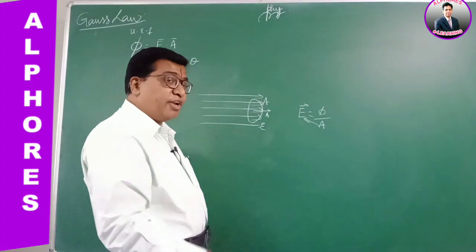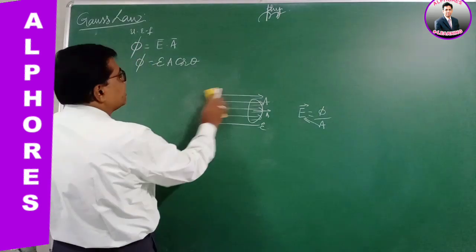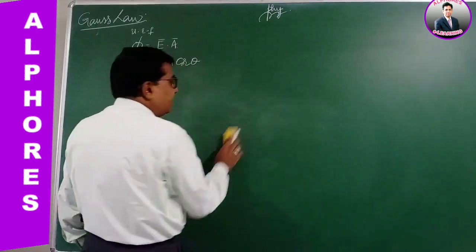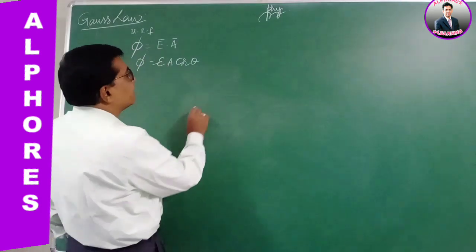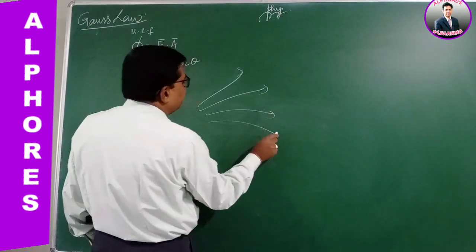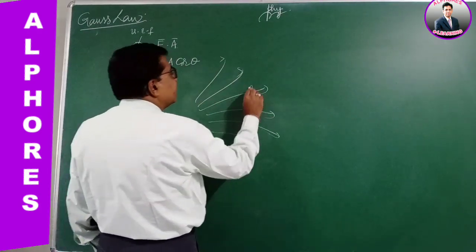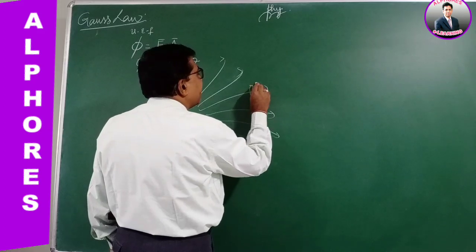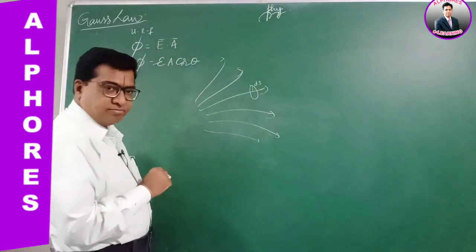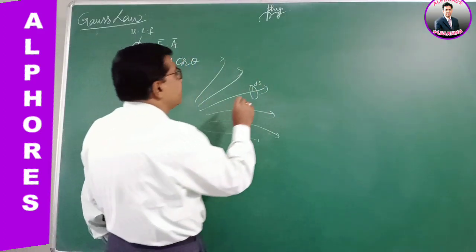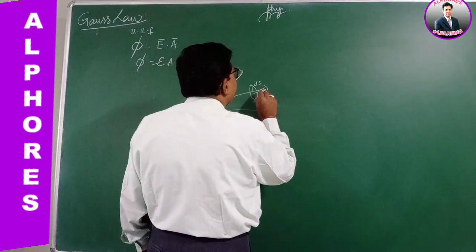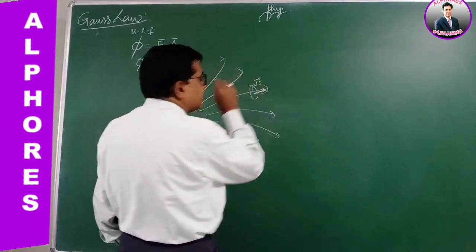Had it been a non-uniform electric field, the lines of force are non-uniform, a diverging field like this. Then imagine a small area element ds whose direction is given by the normal, ds bar.